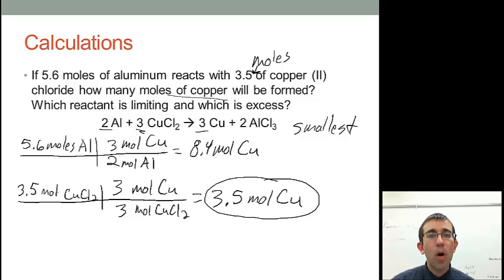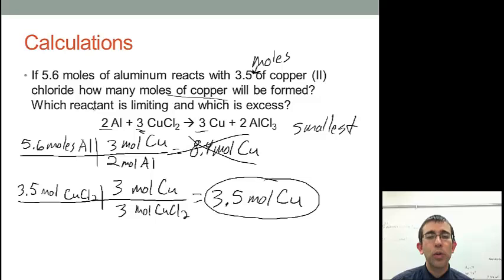But since we're putting both of these together, as these start to react, you're making copper and making copper. Once you get to 3.5 moles of copper, all of this copper chloride is gone. It's used up. Okay? And so we can never get to this number. So whatever's your smallest, circle it. You can just cross out the bigger one. So now we know how much copper we made.